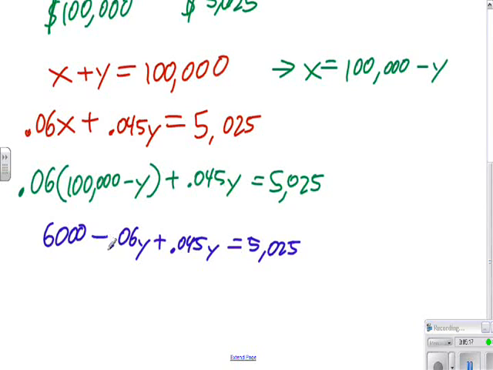5,025. We are going to move our 6,000 over, so subtract that. We get negative 975. And by combining our y's here, we get negative 0.015y.